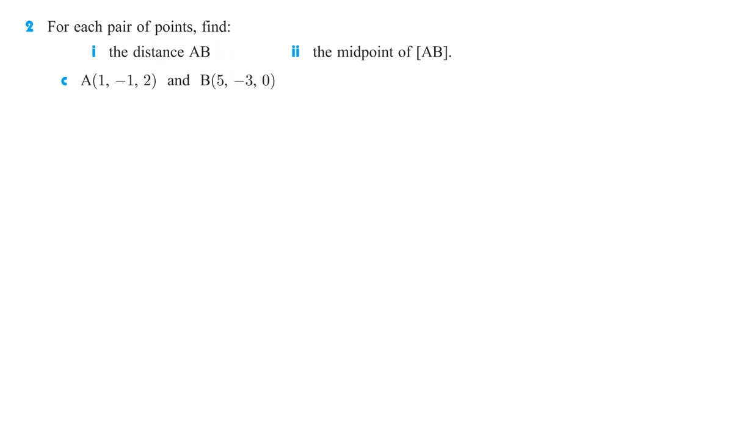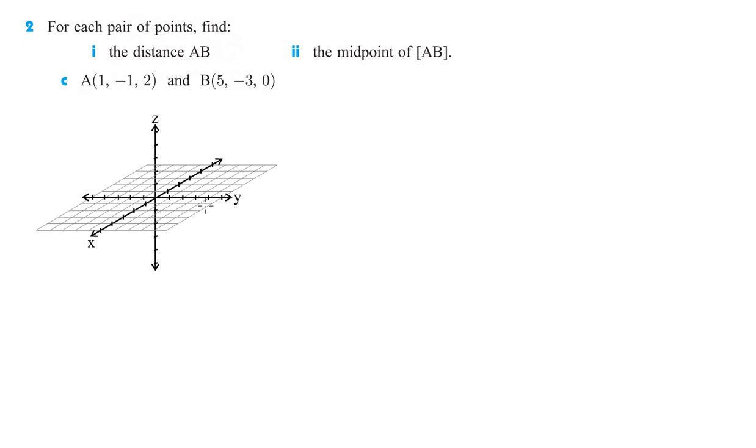Next one, number 2: for each pair of points, find the distance A to B. So we're going to find the distance between these two points. Not that you have to, but it might be easier for you to see what we're doing by graphing this first. So X is 1, that's forward 1, Y is negative 1, so that's left 1, and then it's up 2.